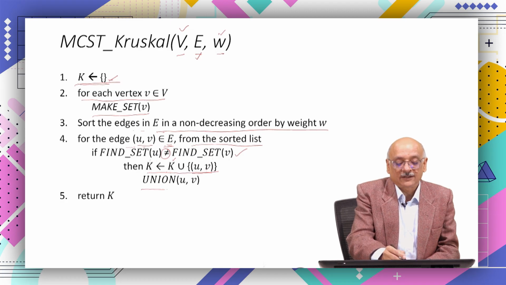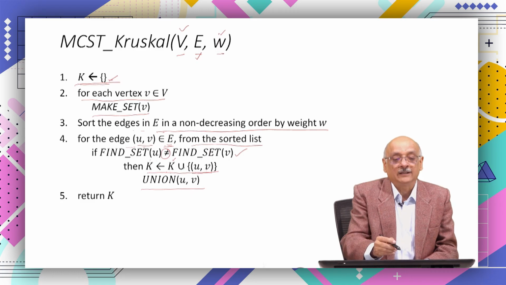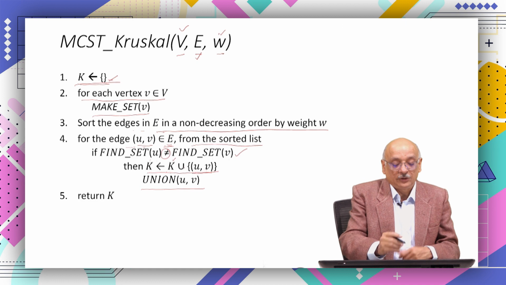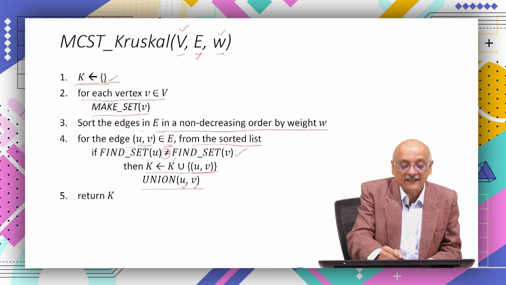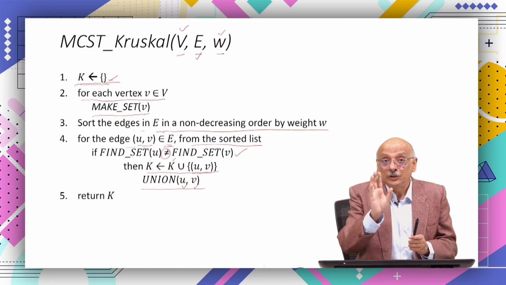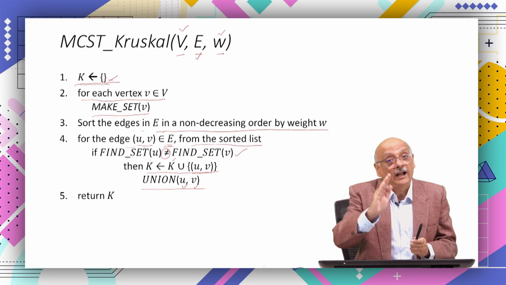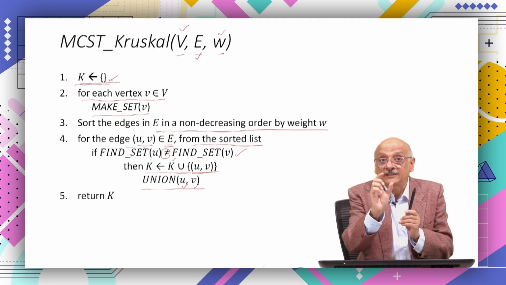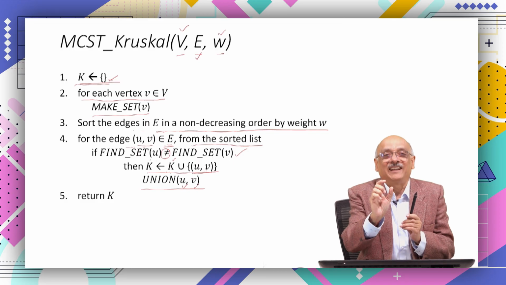Let's formalize this union of U and V, in the sense that U and V, which were in different sets earlier, U in one set and V in another, both those sets of vertices get combined.